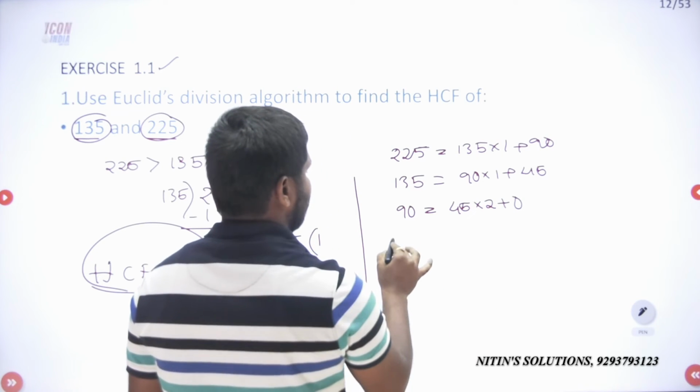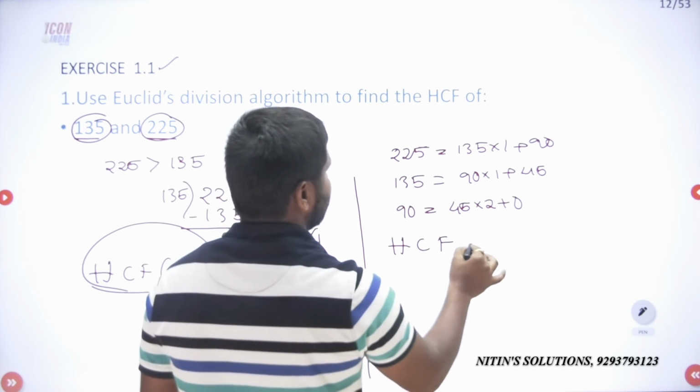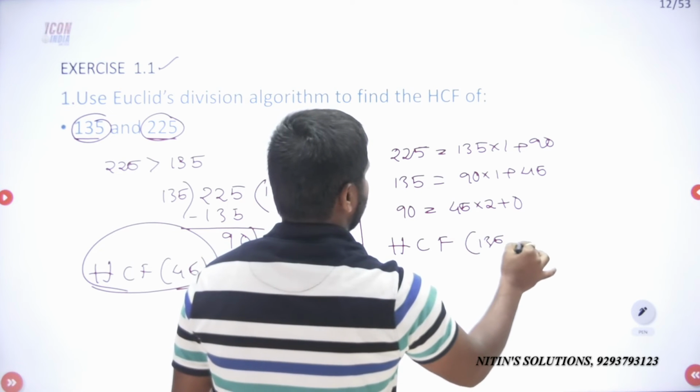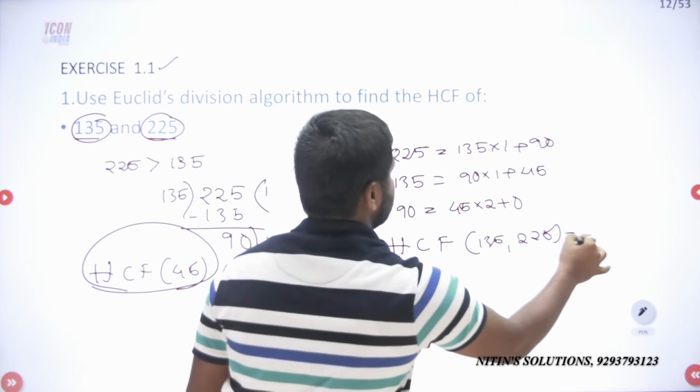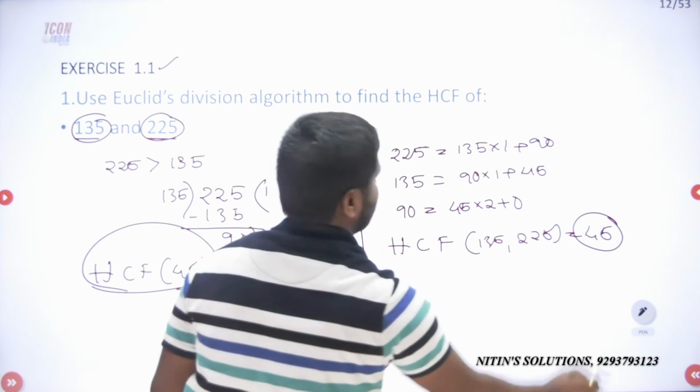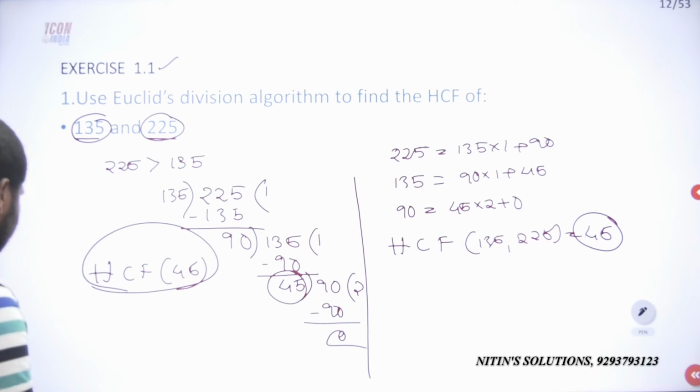So the HCF of 135 and 225 is 45. Clear? Now coming to the next question.